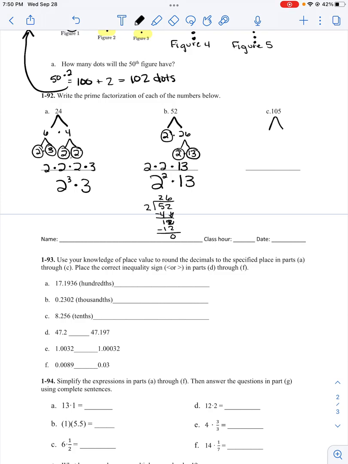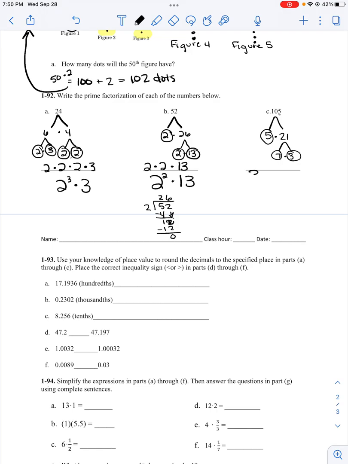Okay, 105. It ends with a 5, so based off of our multiplication chart patterns, 5 will go into it. 5 goes into 100 20 times, so 5 should go into 105 21 times. 5 is prime. 21 is 7 times 3. 7 is prime and 3 is prime.